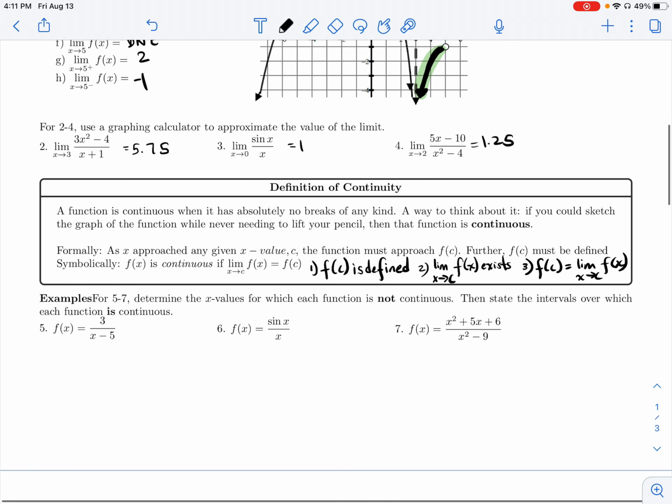And then more formally, if these conditions are met for every x value for which the function is defined, then we say that the function is continuous. Okay? So if all three of these conditions are met everywhere, then the function is continuous everywhere.